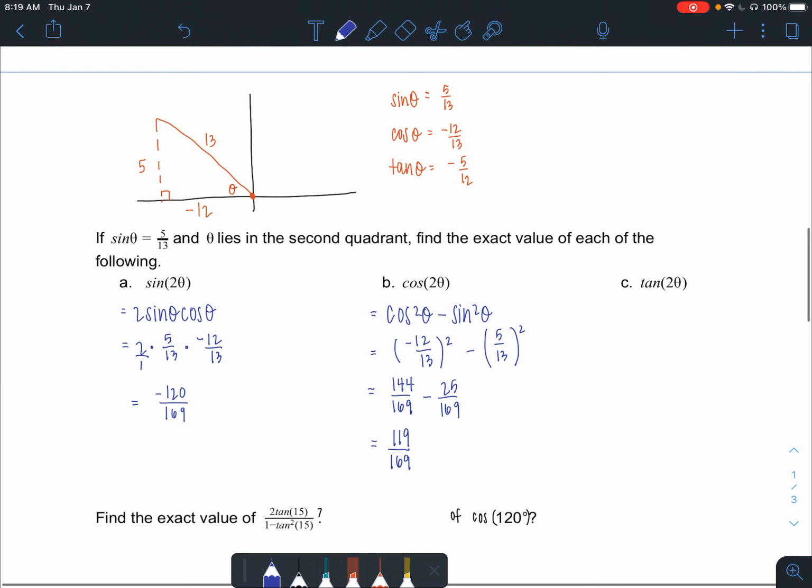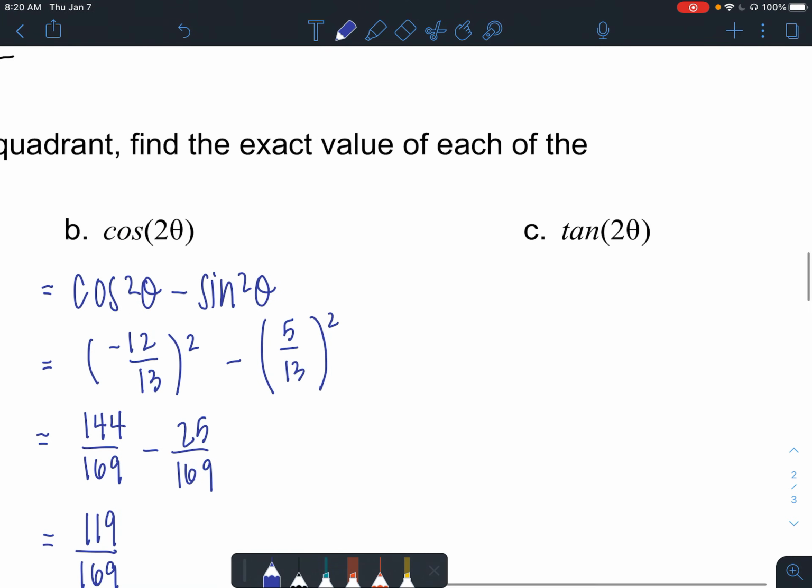Okay, and then let's do, gonna leave you a second to do tangent on your own. All right, so tangent of 2 theta is 2 tangent theta over 1 minus tangent squared theta.